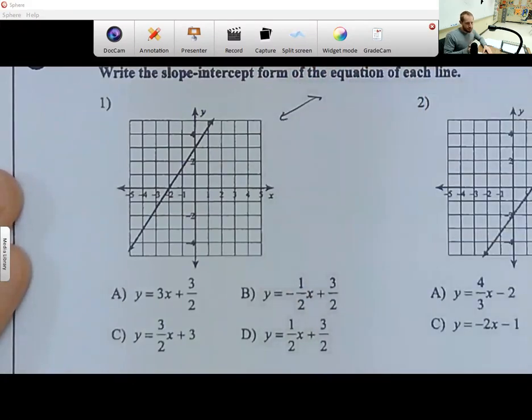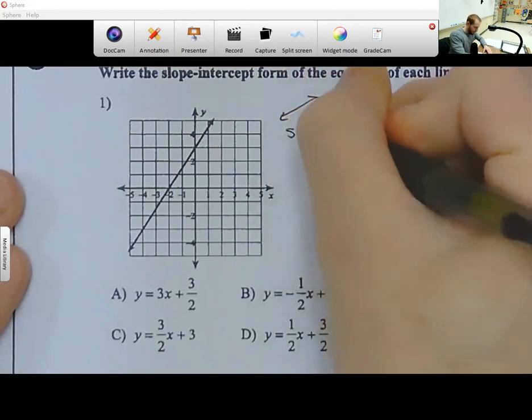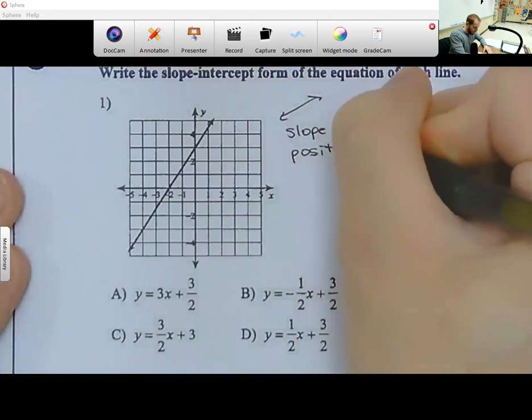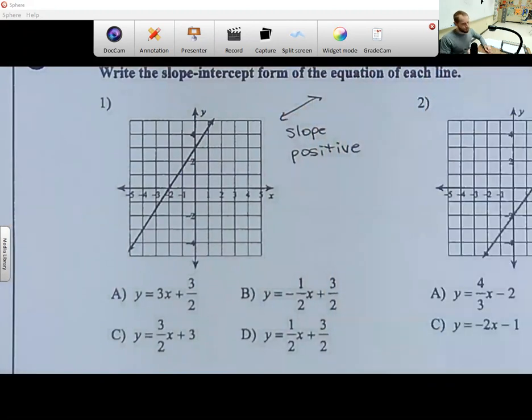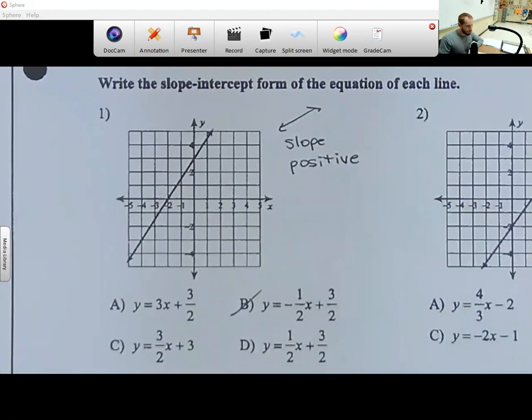That means that the slope is going to be positive. So it's not going to be a negative number, so we can safely cross out b. The slope has to be positive.